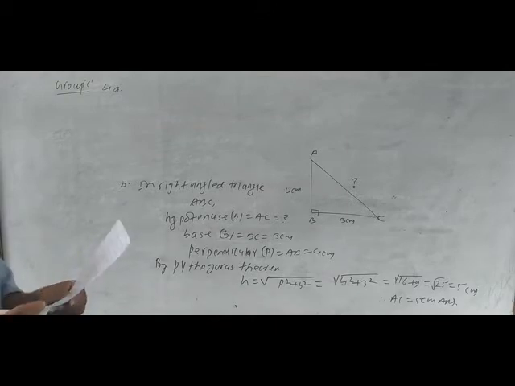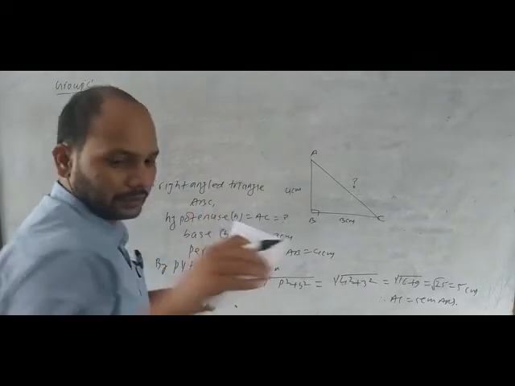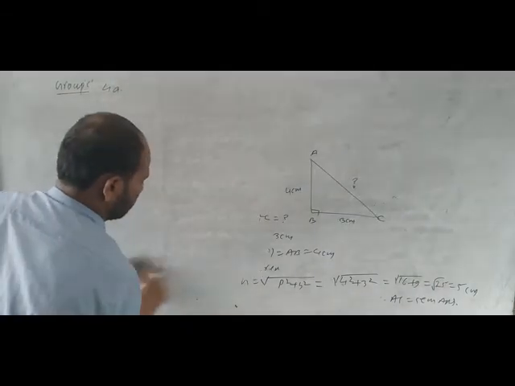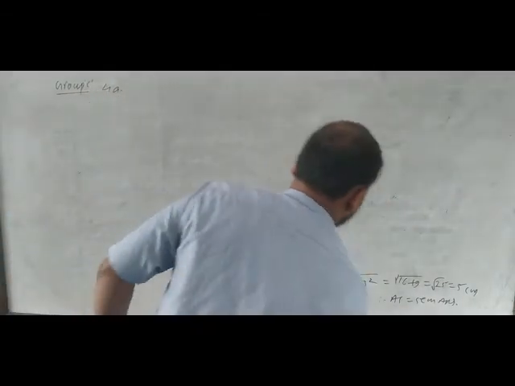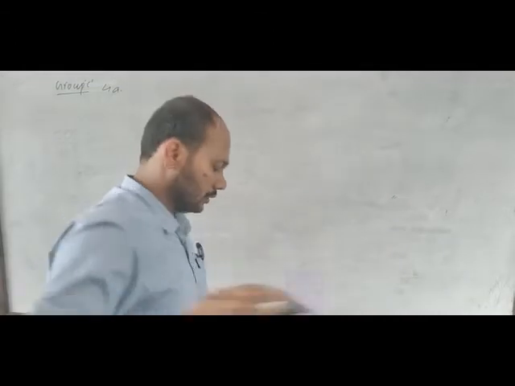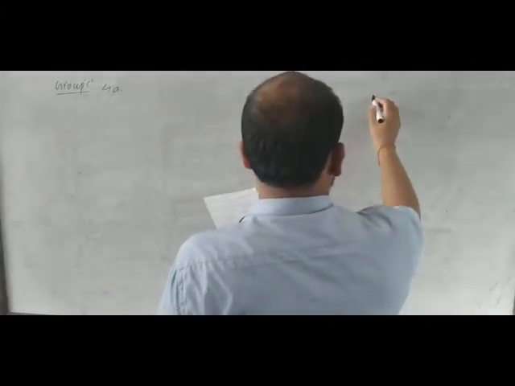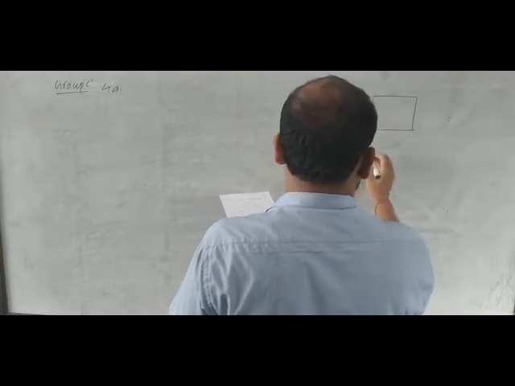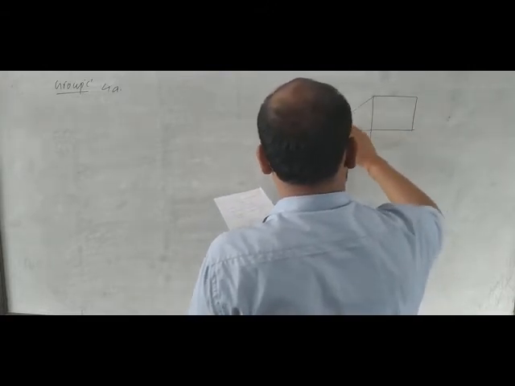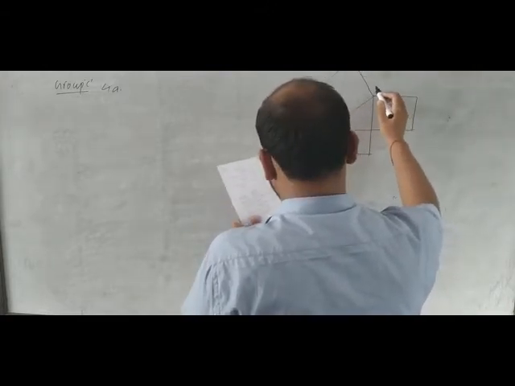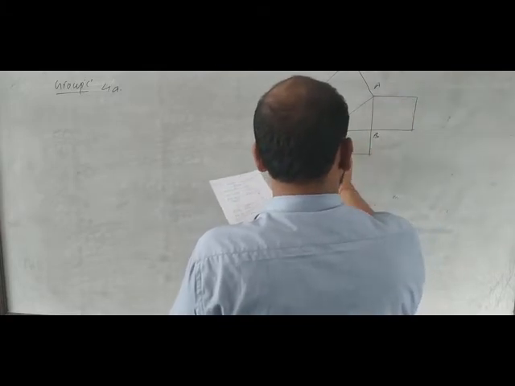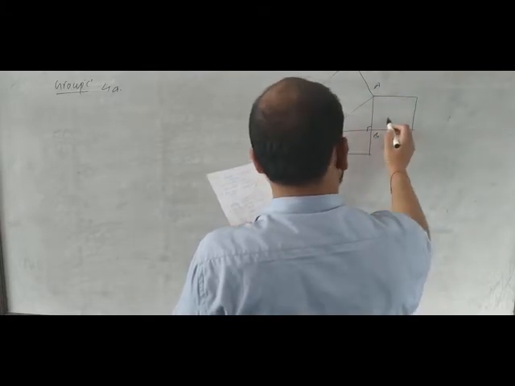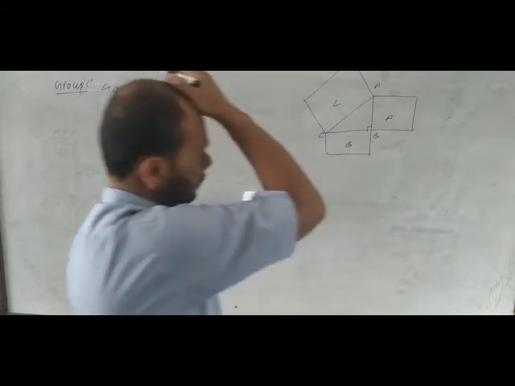So here we have given this is a square, and here it is a right angle, and here is also a square. This is A, B, C. This is C, A and B. Okay. Now look here.